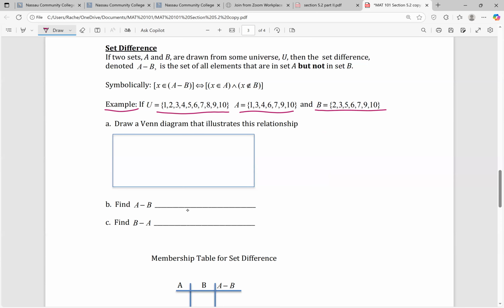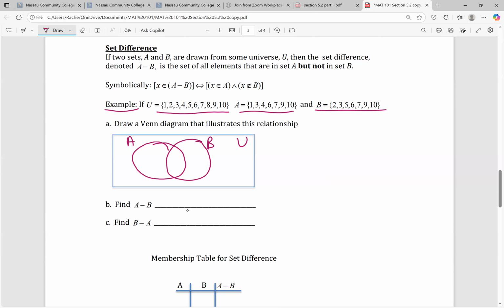First, I think it's easier to explain this when we look at a Venn diagram. So let's construct a Venn diagram for this relationship. So here's my universe. Here's A. Here's B. So now let's start with the intersection. Where do they overlap? What do they have in common?